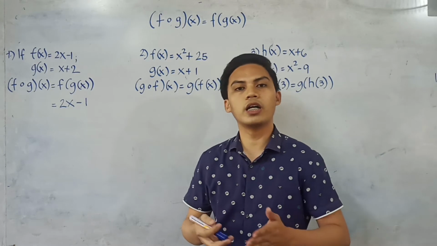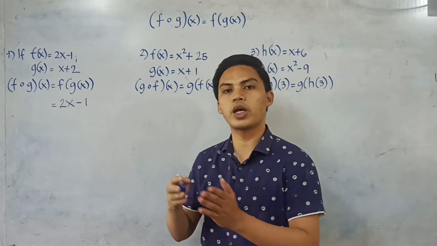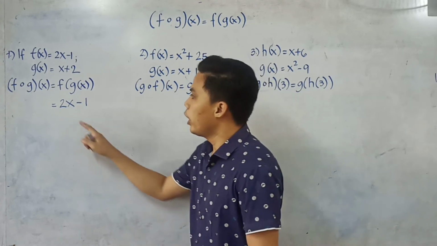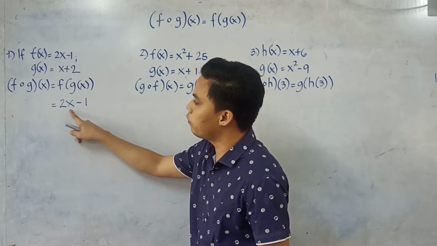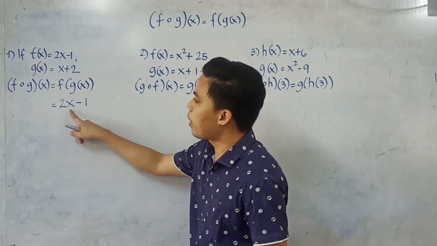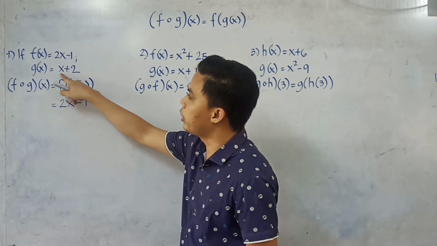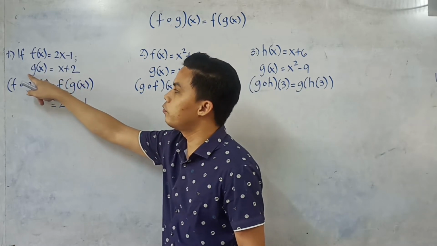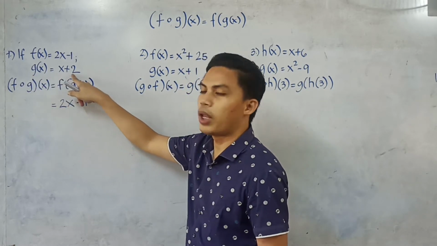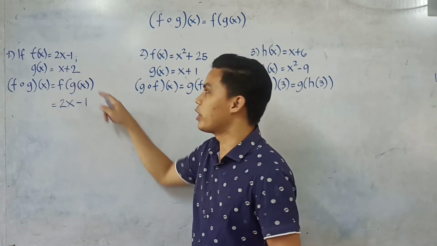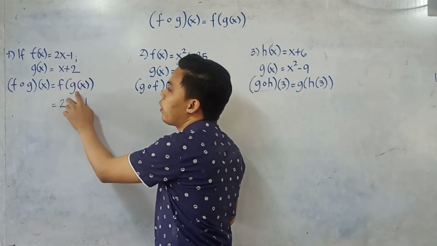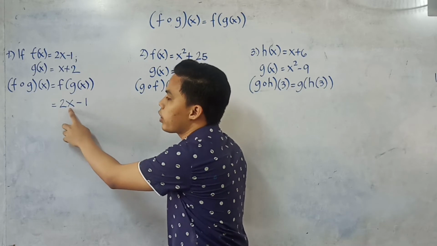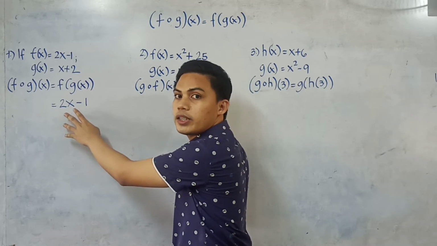Now, since ang function of g yung nagko-compose sa function of f, therefore, itong value ng x sa function of f ay papalitan ko ng function of g, which is x plus 2. So sa madaling salita, itong inner function natin, isa-substitute ko siya sa lahat ng values ng x.